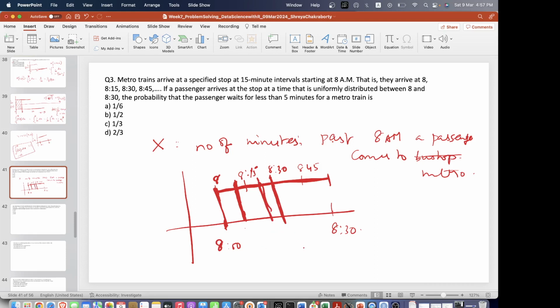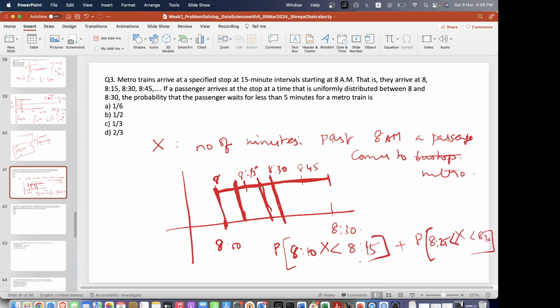Okay, so then the required probability is the probability that x is lying between 8:10 to 8:15, either this thing or the probability he has arrived between 8:25 and 8:30.